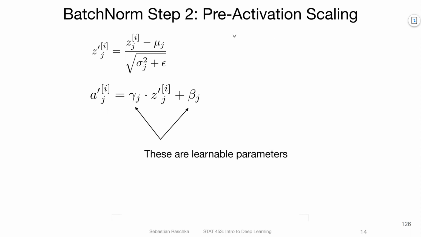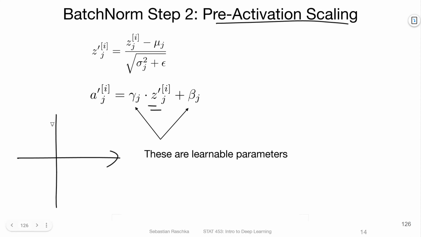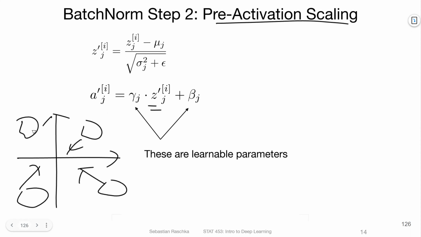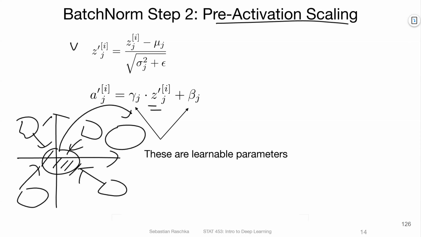The next step is to scale this value. You saw in the previous slide that after we normalize these batches, the center is like this; that was the first step. After that, we move this group into another position, like here.